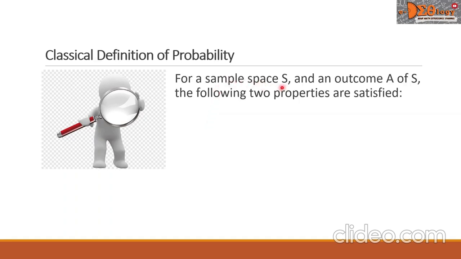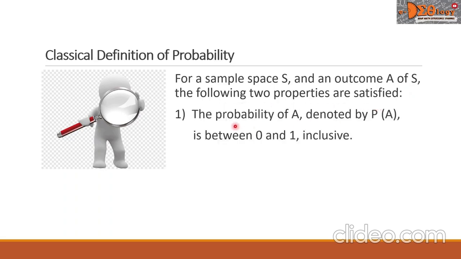For a sample space S and an outcome A of S, the following two properties are satisfied. Number 1, the probability of A, denoted by P of A, is between 0 and 1 inclusive.